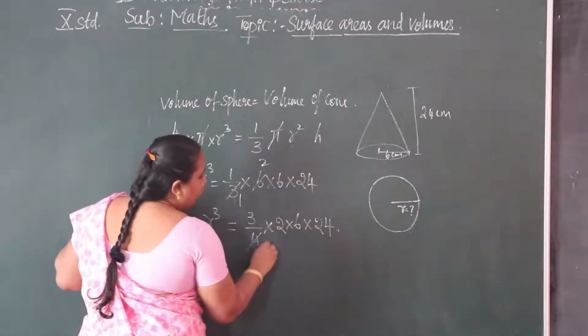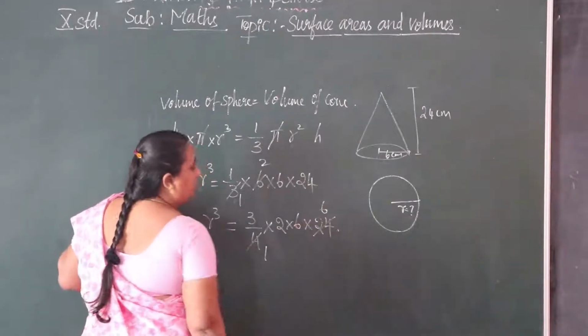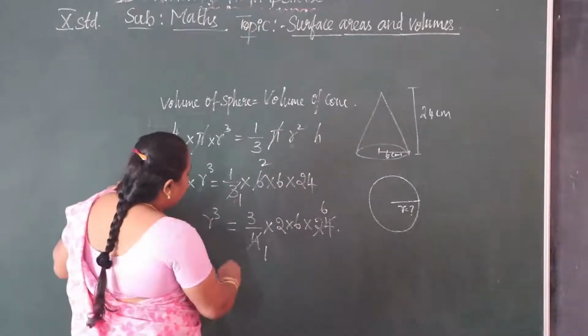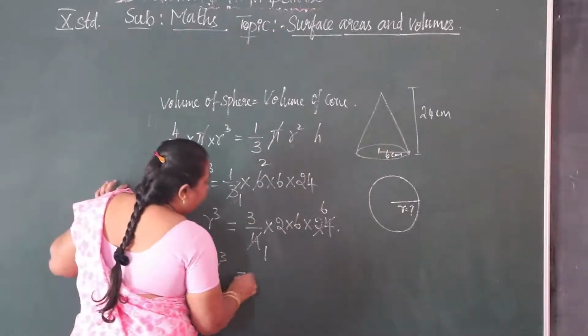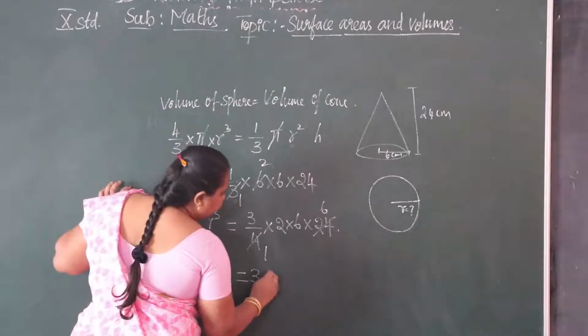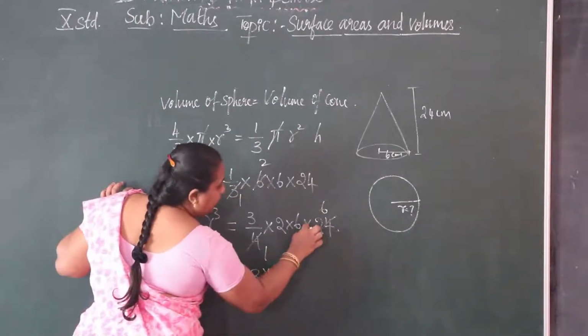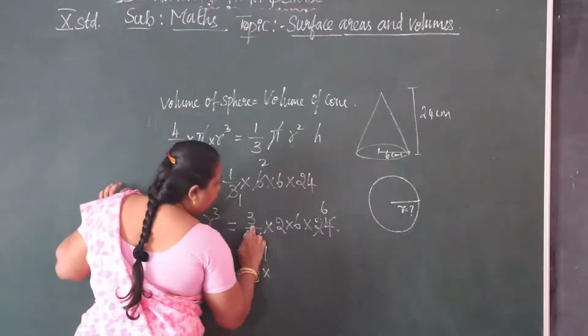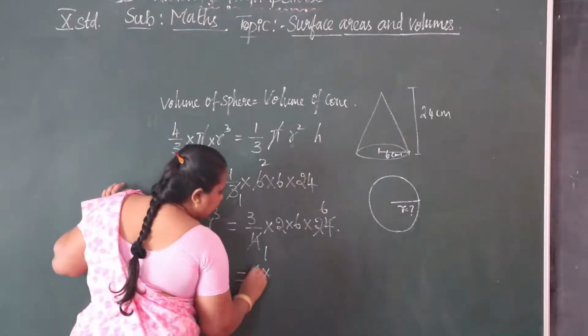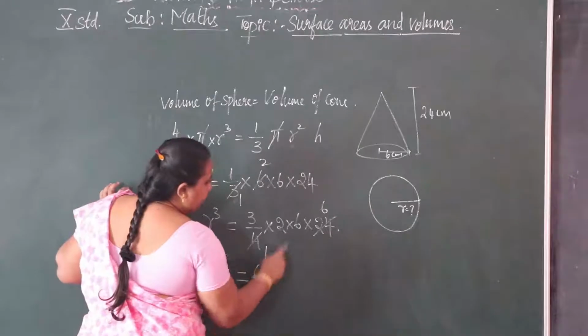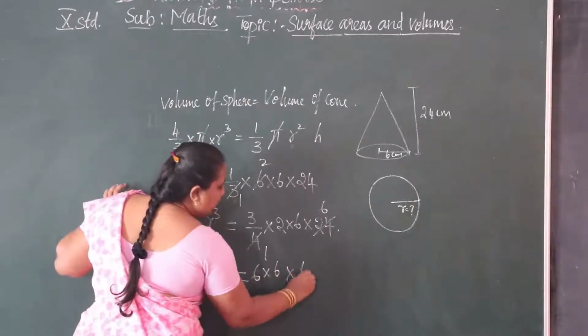Now see, 4 ones are 4, 4 sixes are 24. So now r cube equals 3 into 2 into 6 into 6. Here 3 twos are 6, we have to write 6. 3 twos are 6 into 6 into 6.